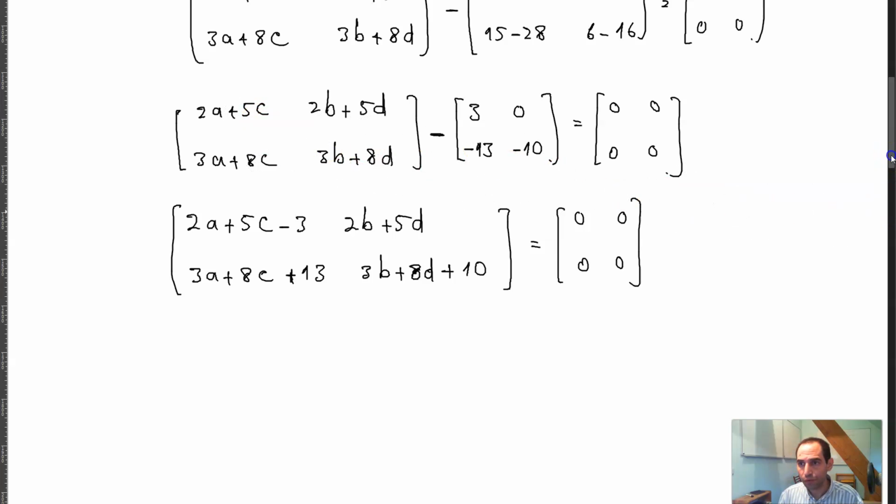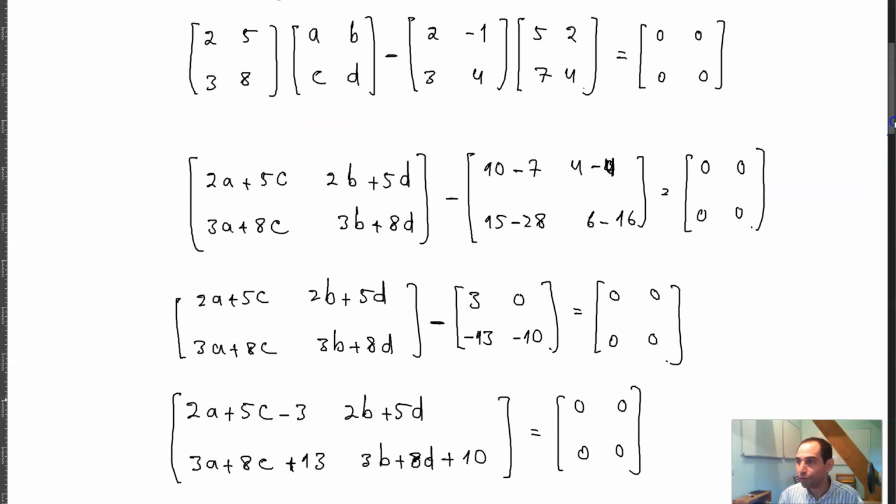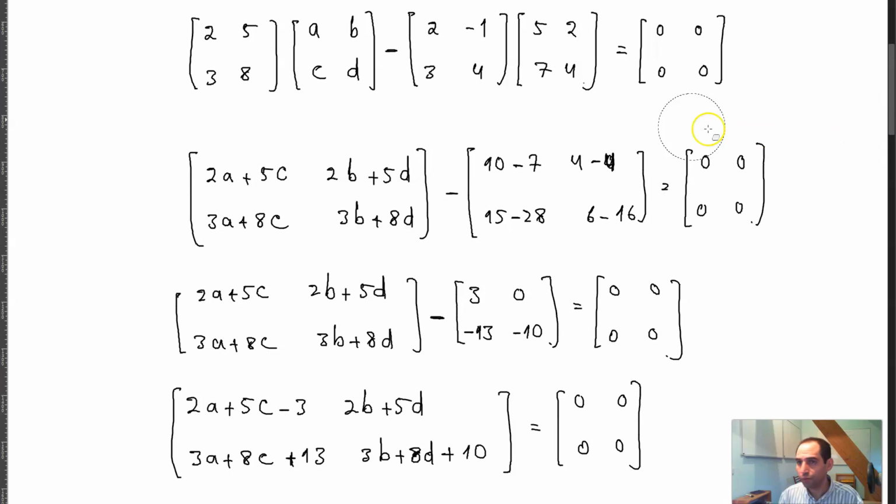2, 5, 3, 8, ABCD minus 2, -1, 3, 4 times 5, 2, 7, 4 is equal to this. So here we have no problems.